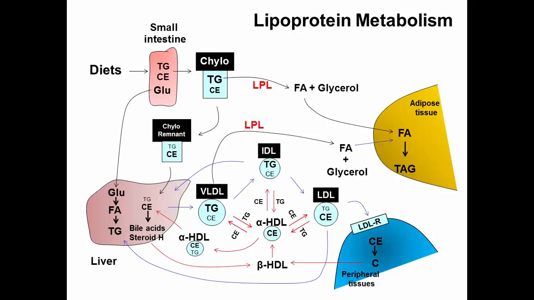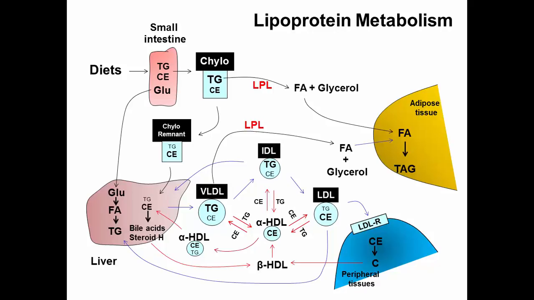Fatty acids are picked up by adipose tissue, reesterified back to triglyceride, and stored in the fat tissue. The chylomicron remnant becomes smaller because a lot of triglyceride has already been transported into adipose tissue. Some triglyceride still remains in the chylomicron, and that is eventually picked up by the liver.